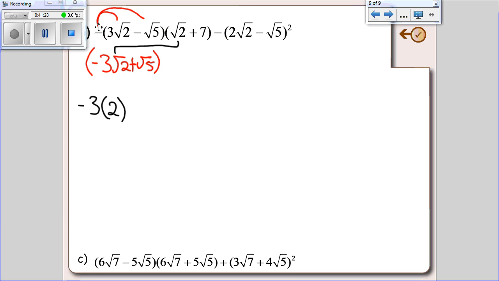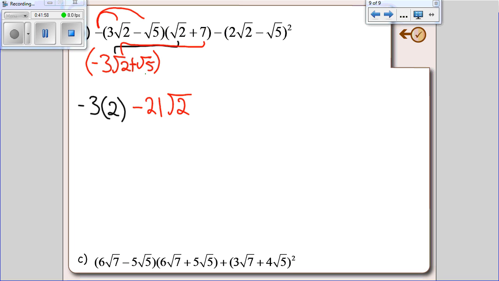Inside, root 5 times root 2. Do those root signs cancel? No, they don't cancel.